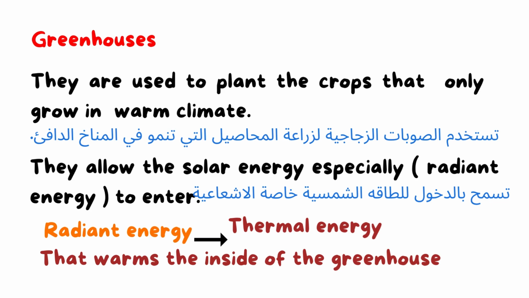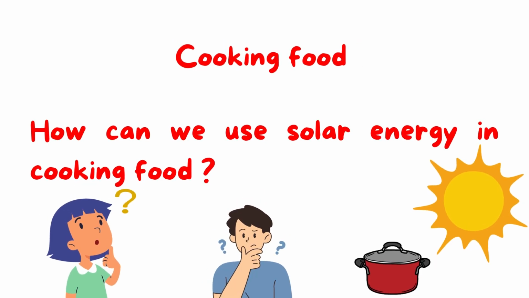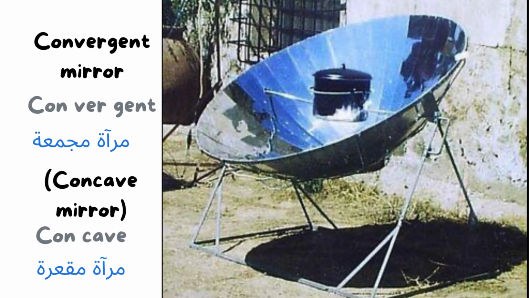Okay, now the surprising one: we can cook food by using solar energy. So the question here is, how can we use solar energy in cooking food? I will tell you now. First, do you see this? This is a mirror, yes? Convergent mirrors. They are curved mirrors, okay? And we can call them concave mirrors, okay? So by using these convergent mirrors or concave mirrors, we can cook food.